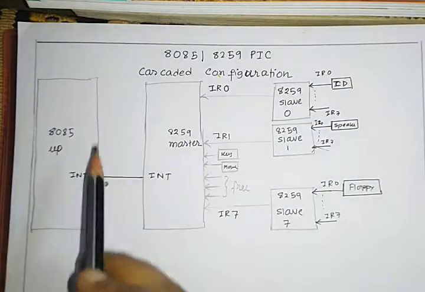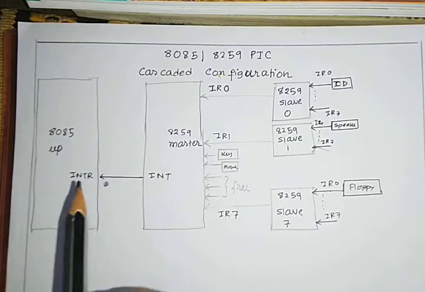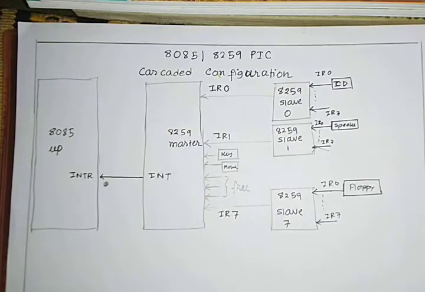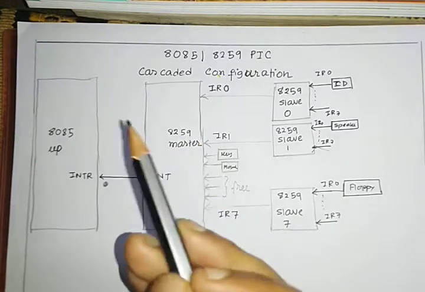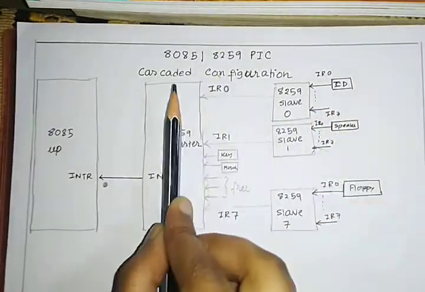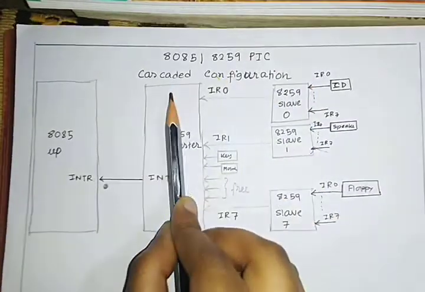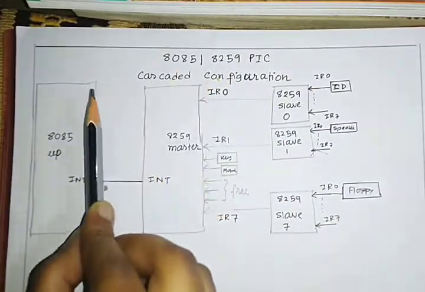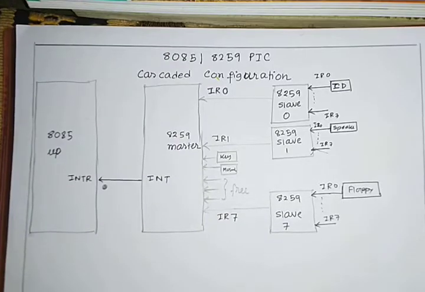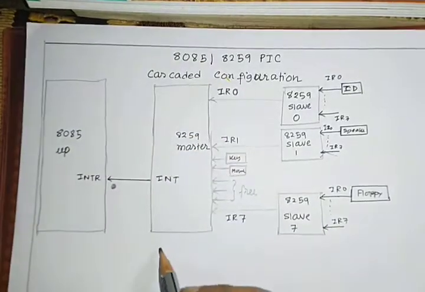After this, the MPU will produce an INTA bar signal, which requests your ISR address. Now tell me which address it should give. The slave interrupts the master, the master interrupts the MPU. The MPU wants the ISR address.